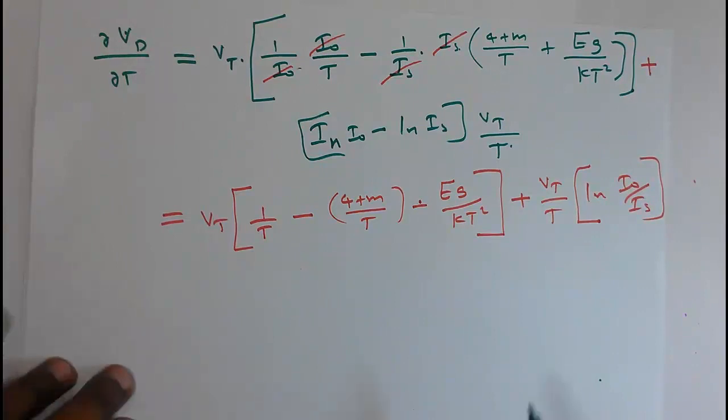Now if you check Vt into ln I0 by Is, it is the expression for Vd, that is the voltage across the diode.